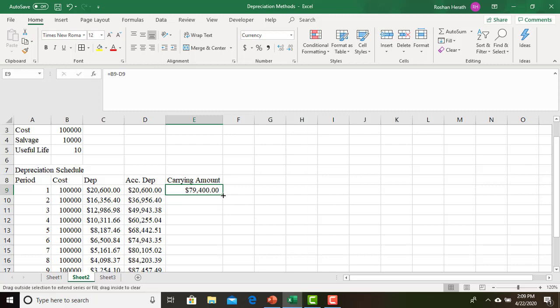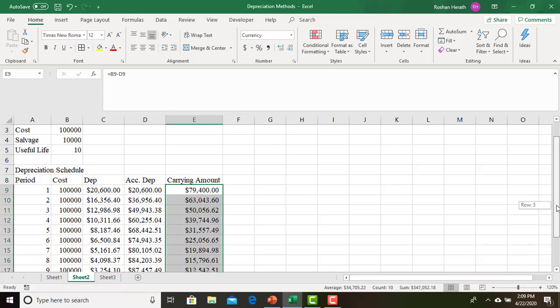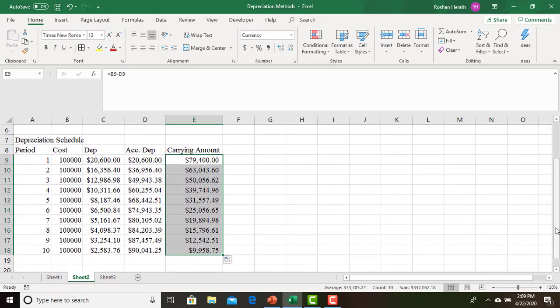That is how we compute the carrying amount. Once you compute it, you can see that at the end of the useful life, the residual value, or what we call the salvage value, was 10,000, but the carrying amount is 9,958.